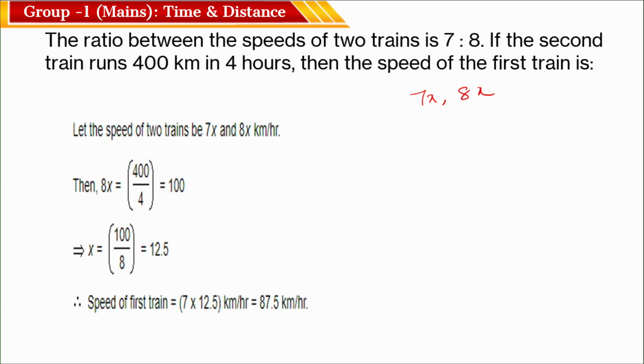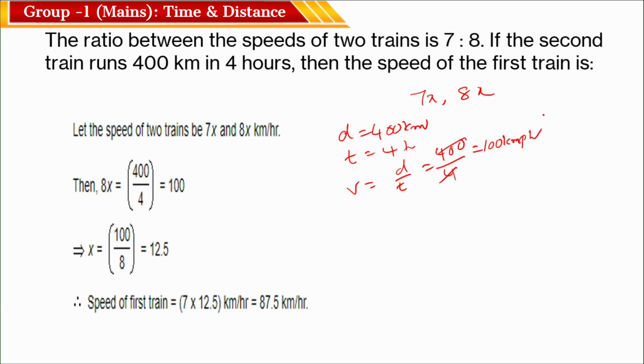Okay. So the second train runs 400 kilometers in 4 hours. For the second train, the distance is 400 kilometers and the time is 4 hours. So the speed is distance by time, that is 400 by 4, which is 100 kmph, correct?